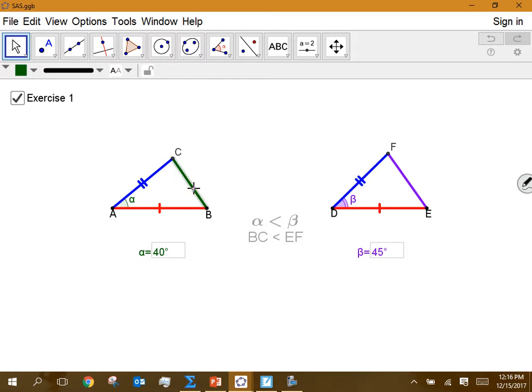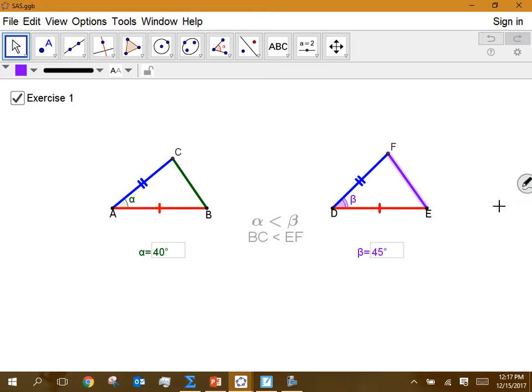So how does side CB compare to side EF? They're different, aren't they? But they're going to be different in the manner that these angles were different. Alpha was less than beta. So then this side here is less than that side.